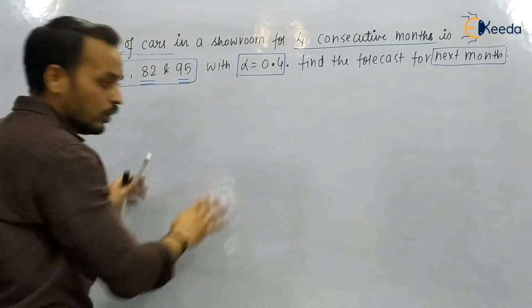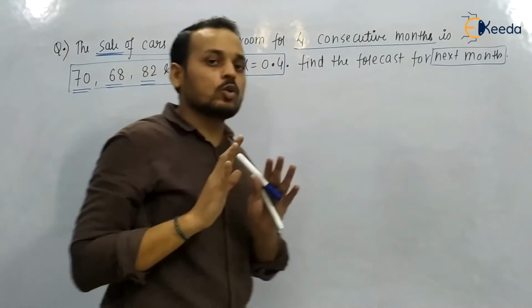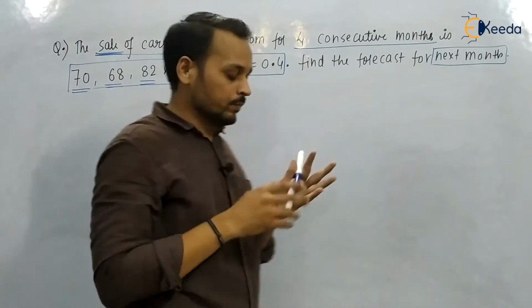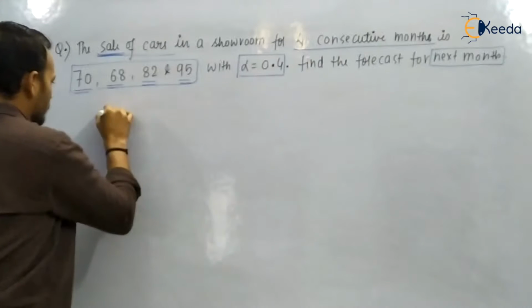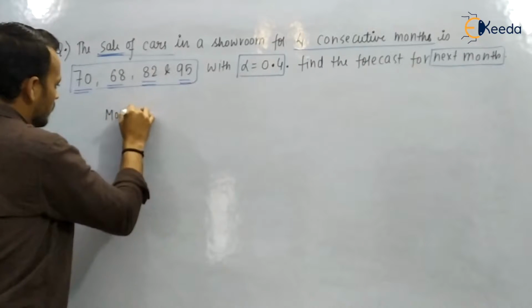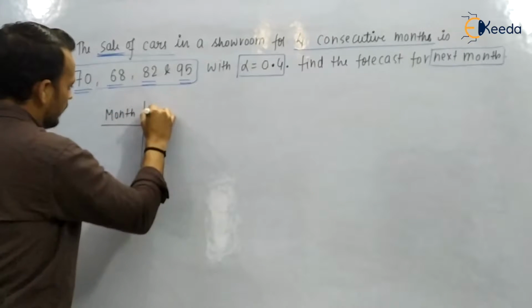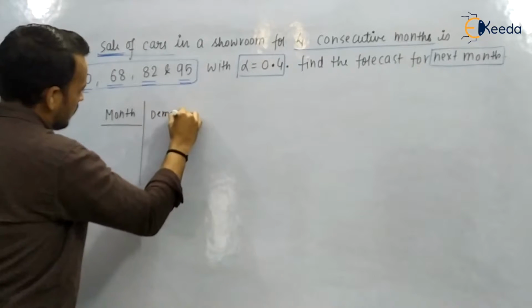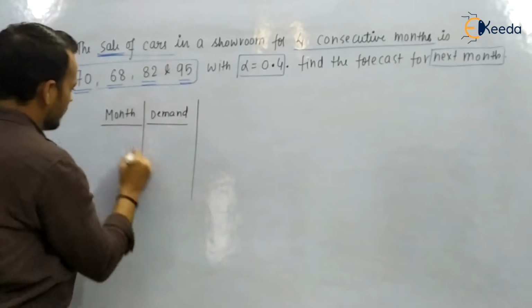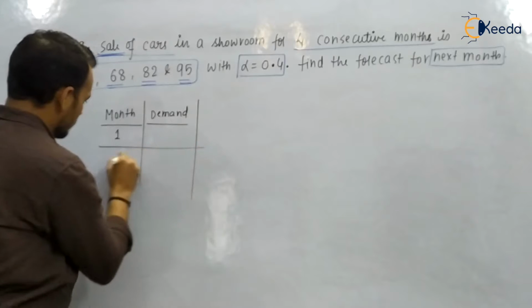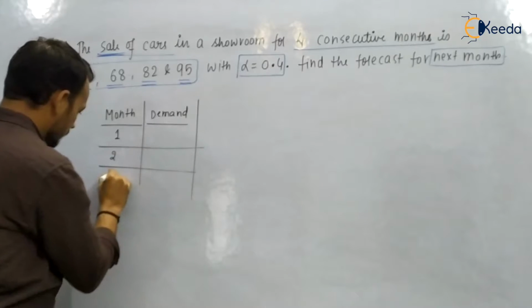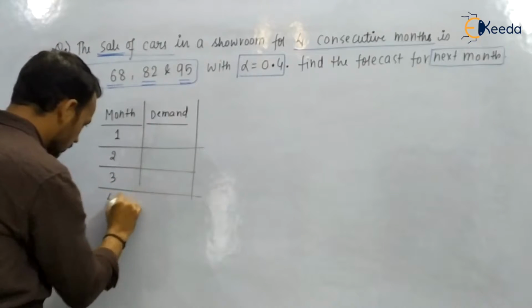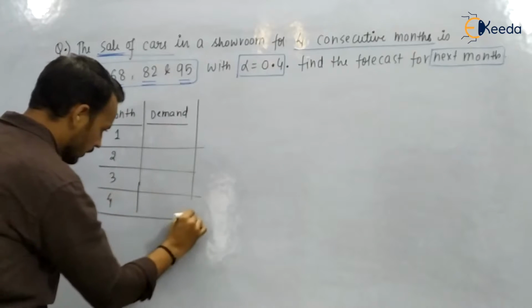First we will tabulate the data. We will make the table with month and demand. We have 4 months.